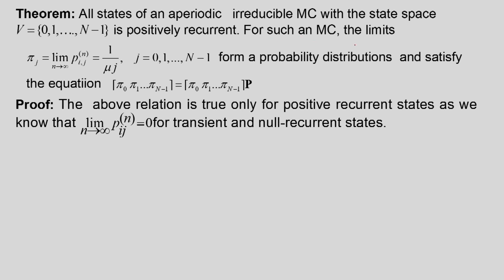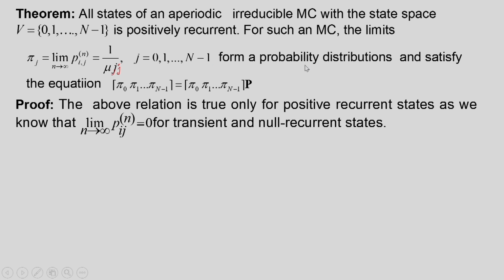Now, for such a Markov chain, the limits pi j are given by this. Pi j is equal to the limit of P ij n as n tends to infinity, and this is equal to 1 by mu jj, for j equal to 0 to n minus 1, and these form a probability distribution. So, we claim that the limiting probabilities of P ij n as n tends to infinity, which we have derived as 1 by mu jj, form a probability distribution.